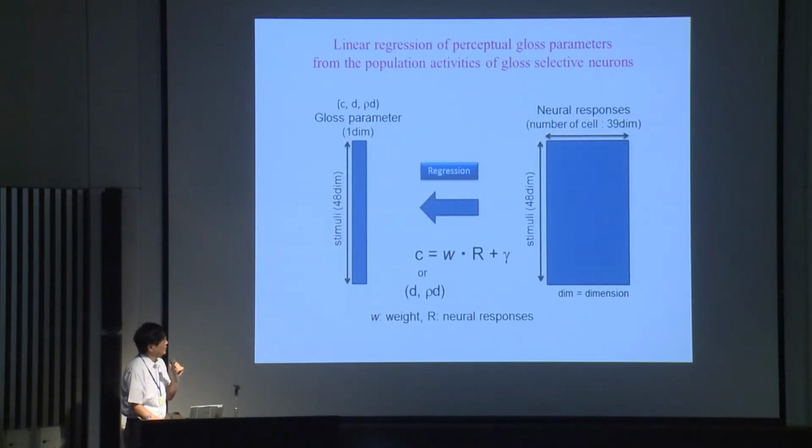Because there seems to be a linear relationship between neural activities and perceptual gloss parameters, we attempted to estimate each of the perceptual parameters from the neural responses. If this is possible, for example, c can be represented by something like this.